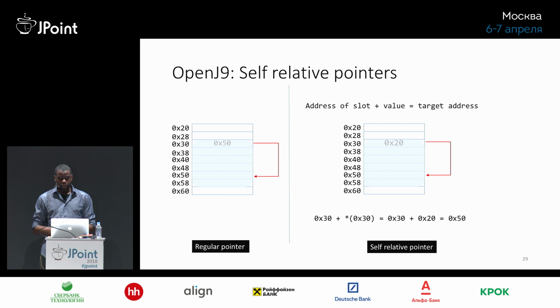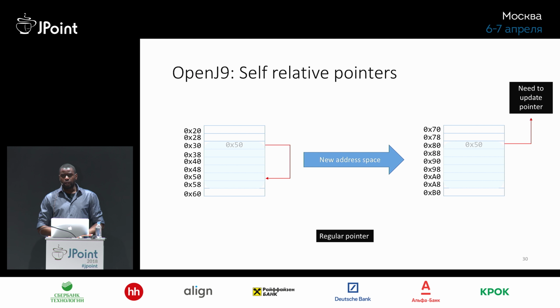In typical applications, a pointer is the address of a location you want to dereference. So a pointer points to the target. An example is on the left. At memory location 30, we have a pointer to memory location 50. And if we want to get what's at 50, we simply dereference it. However, an SRP is a self-relative pointer. So it's relative to its own position. If we want to dereference an SRP to get the target, we take our own address and add the value in the pointer, and that is the address we dereference.